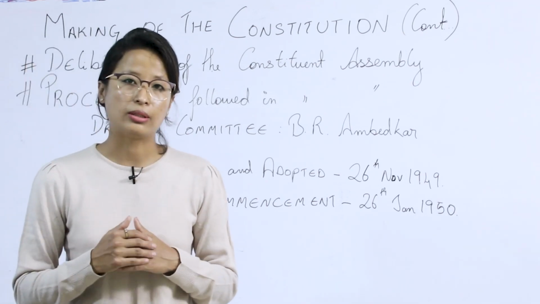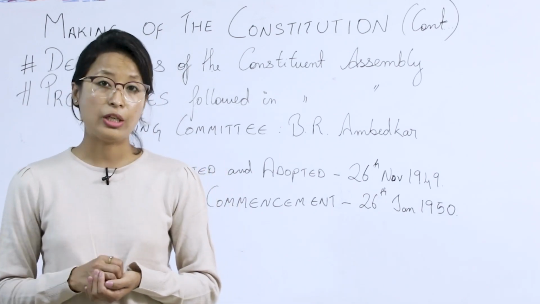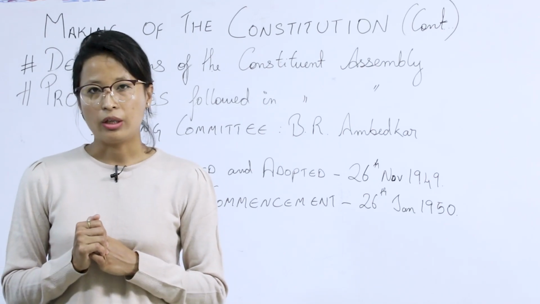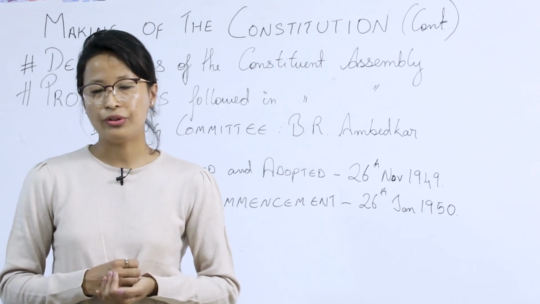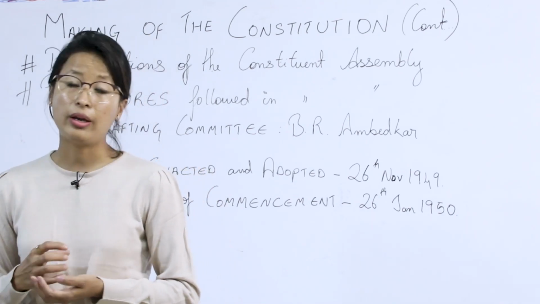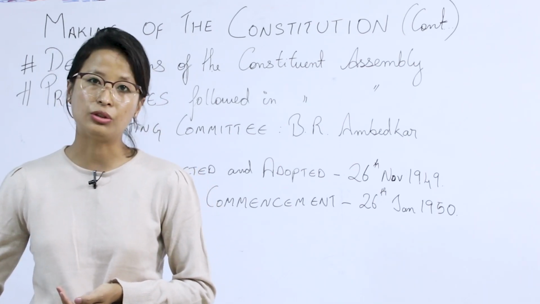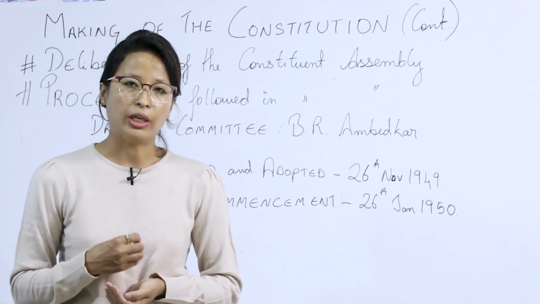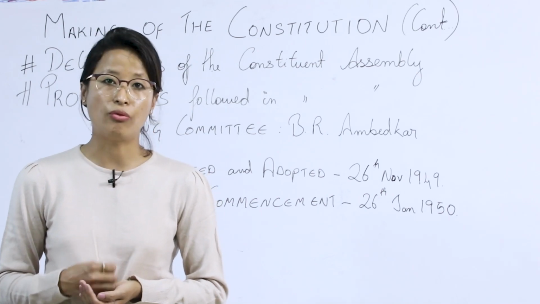Now the 4 points under the source of the Indian constitution. The first is the heritage of the national movement. When India got independence in 1947 after a long struggle, the freedom fighters and national heroes had a strong influence and impact on the constitution making process. For example, the parliamentary form of government that we are following is what the freedom fighters longed for many years.